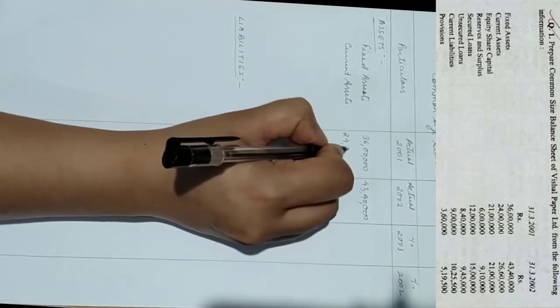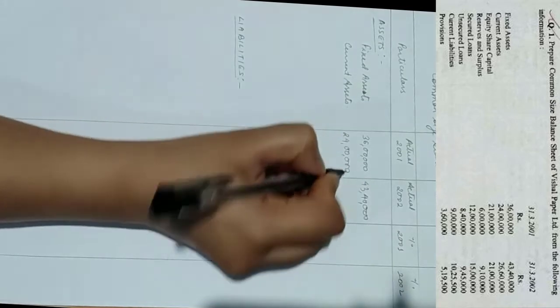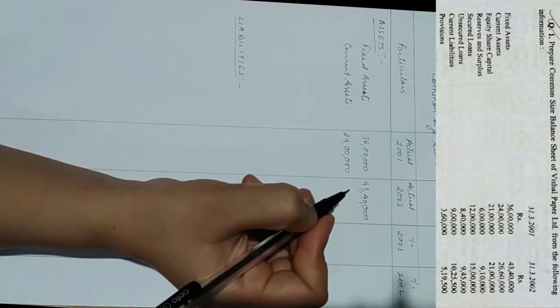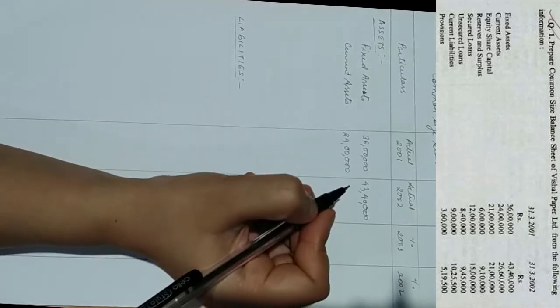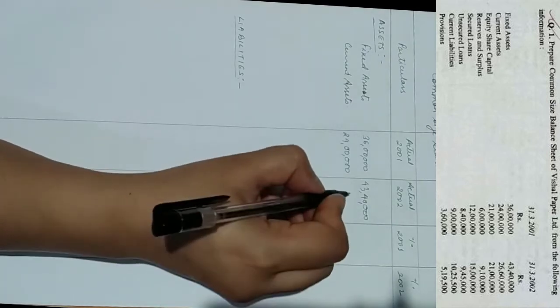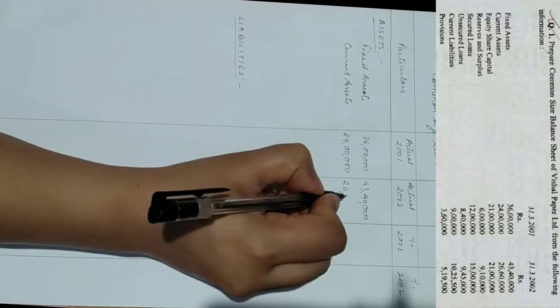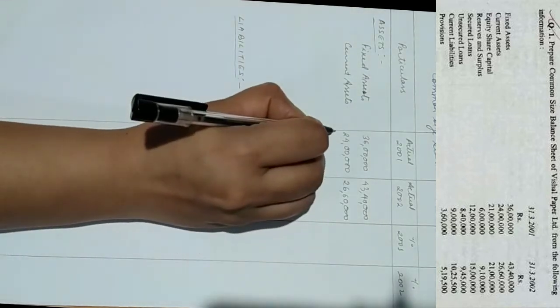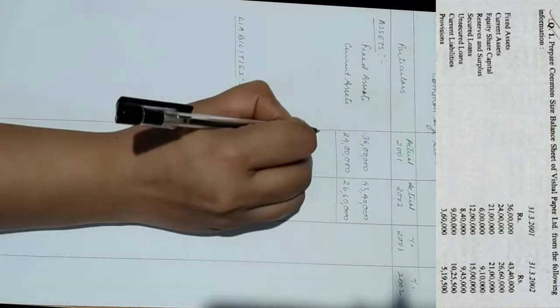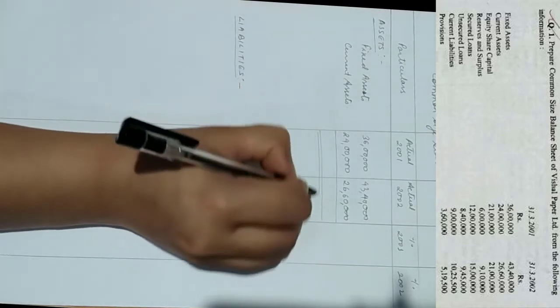For current assets, again they haven't segregated it. Hope you know what current assets are. Examples of current assets can be cash, debtors, bank, etc. 26,60,000 is given. Now we calculate the total of these assets.